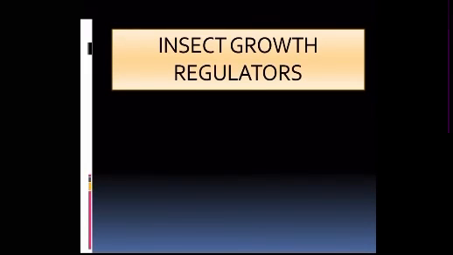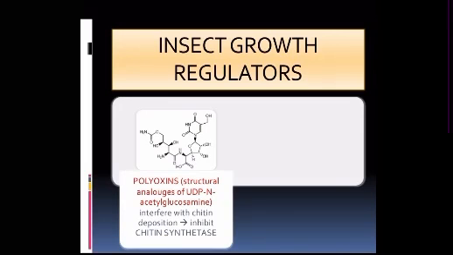Lastly, we have insect growth regulators being used as insecticides, which are in a way a practical application of our understanding of biochemistry and physiology of molting. First, we have polyoxins, which are structural analogues of UDP-N-acetylglucosamine and interfere with chitin deposition by inhibiting chitin synthetase.